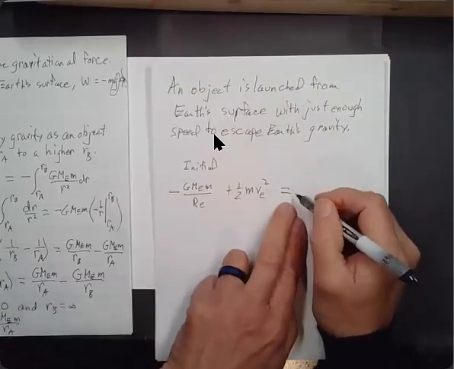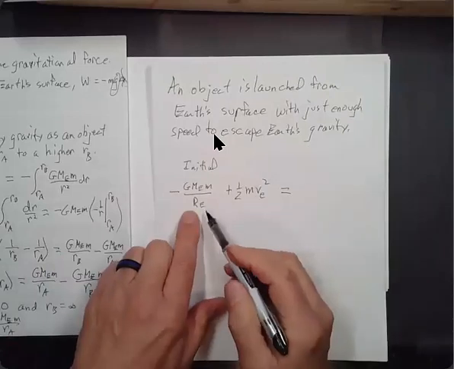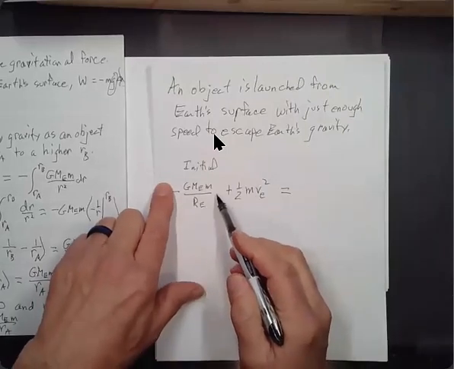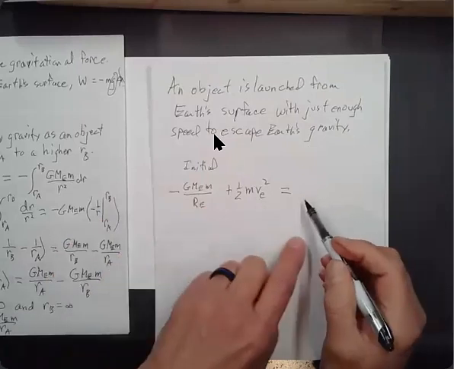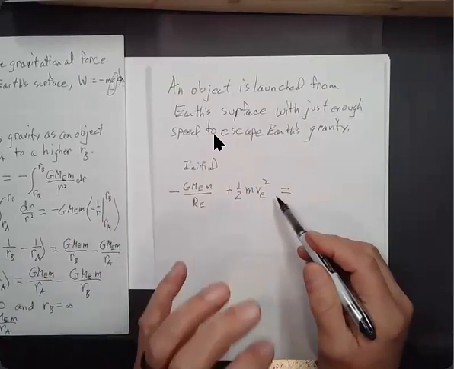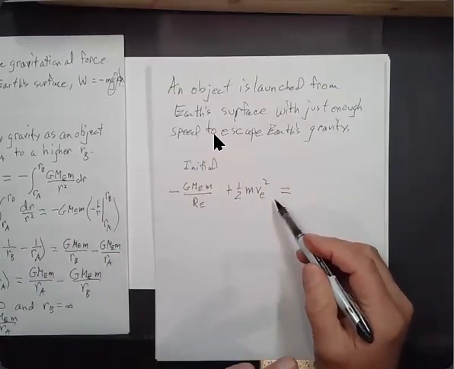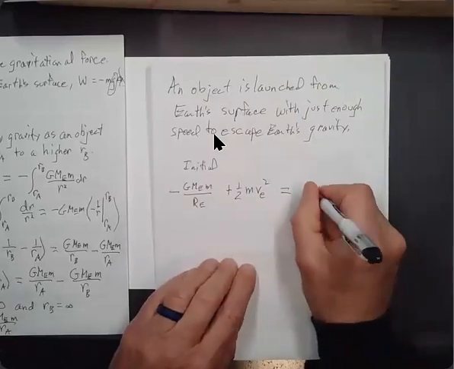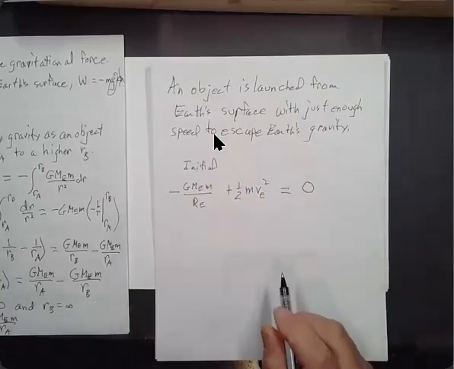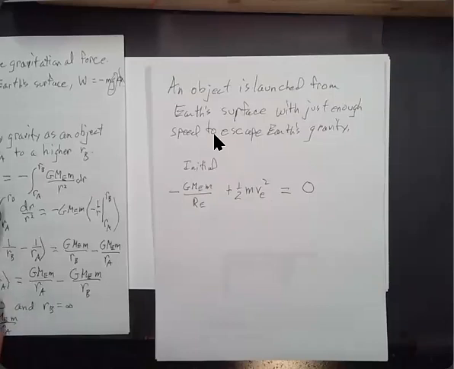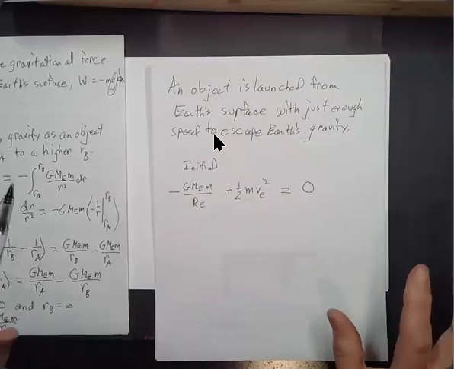What do we have in the final situation? Well, we've reached infinity, so there's no gravitational potential energy. And at that point, it will have slowed down to where it has no kinetic energy either. So what we have is zero for the total energy. Now remember, energy is just a bookkeeping system.